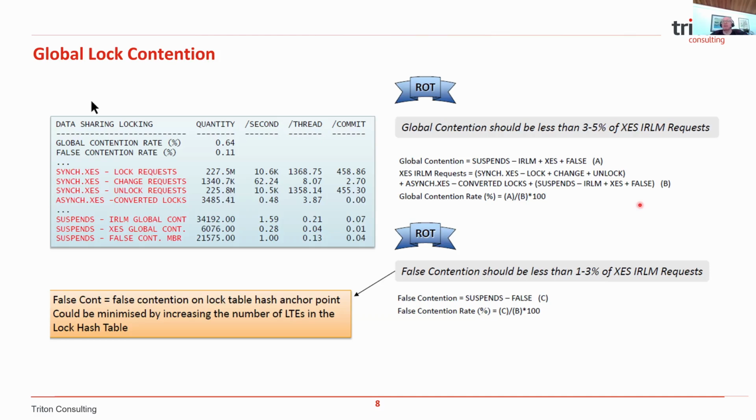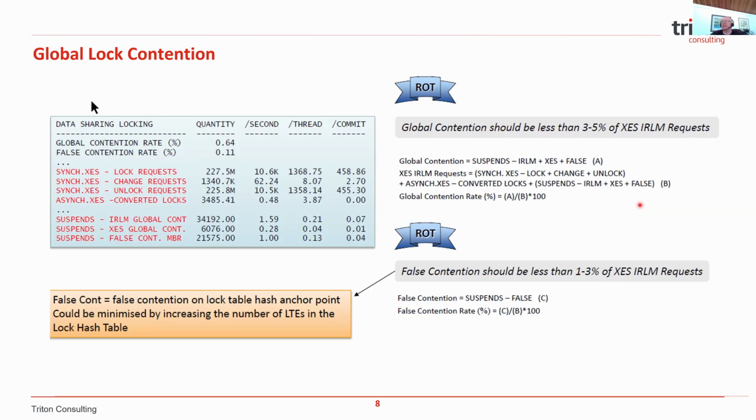It's calculating the total number of contentions by summing up the suspends for IRLM, XES, and false. It's then adding up the number of XES IRLM requests, which are the sync ones, a combination of lock, change, and unlock, plus the asynchronous ones. So through that calculation, you'll then get the global contention percentage.